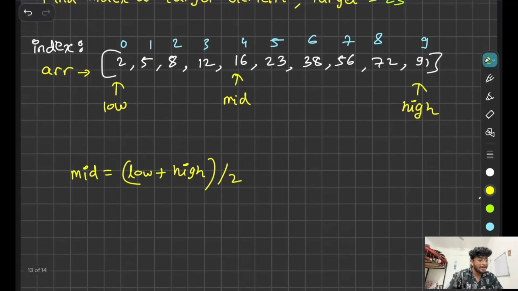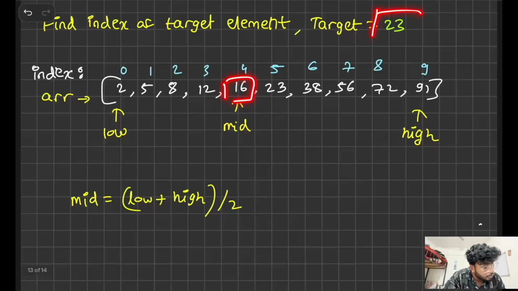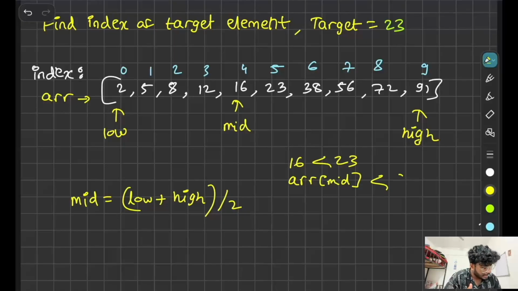Now what I'll do is check: is array of mid, this 16, equal to my target? Is 16 equal to 23? No. So 16 is not equal to 23, so this is not my answer. Now about eliminating the search space, I know that 16 is lesser than 23, and 16 is the array's middle element, which is less than our target.